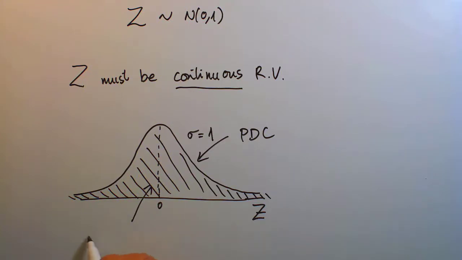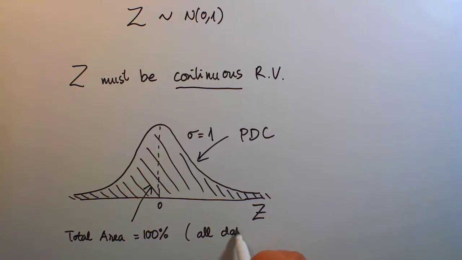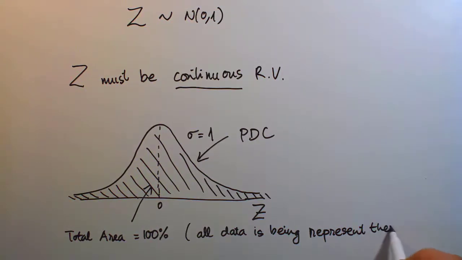So this total area equals 100%, because that represents all data, because all data is being represented. Right there.